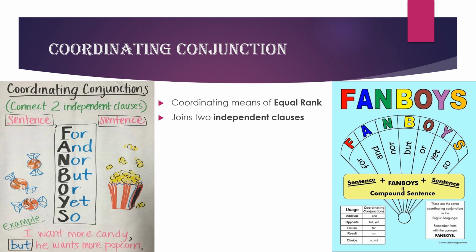And when we talk of words like "but" and "yet", these are opposite-depicting words. These words depict contrast. And then finally the word "so" will show you the result of things. So these 7 words can be used to join two independent clauses and can be remembered using FANBOYS.